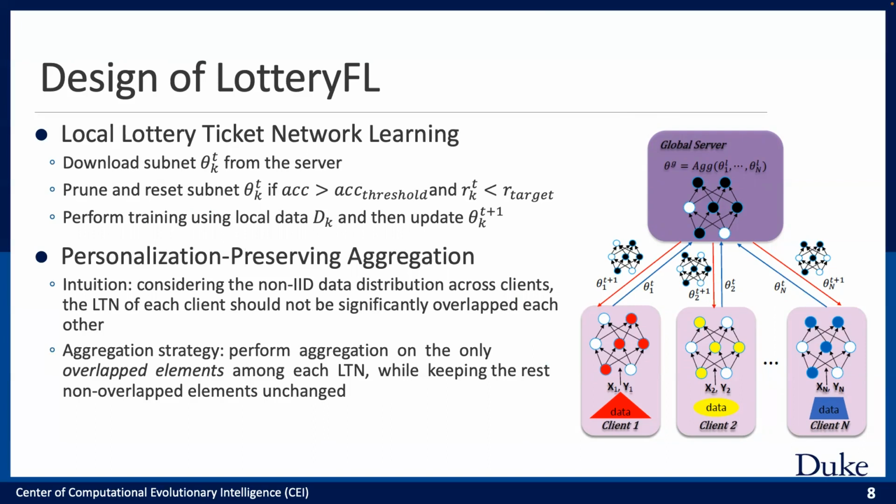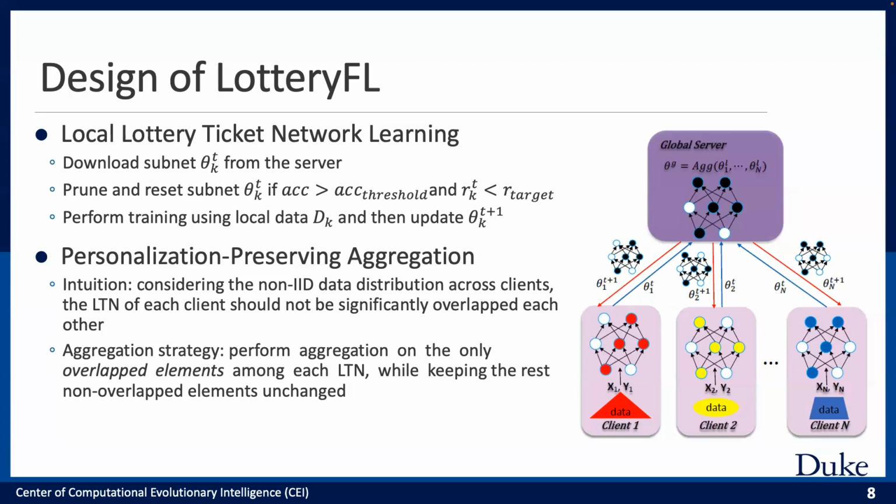But the issue is, if we have different lottery ticket networks for different devices and send them back to the server, how do we do the aggregation? Because there is also some similarity shared between different devices, and we need to handle this similarity. Otherwise, that's not federated learning but individual learning. So we need a personalization-preserving aggregation to handle both the personalization already done locally and the global similarity across different devices.